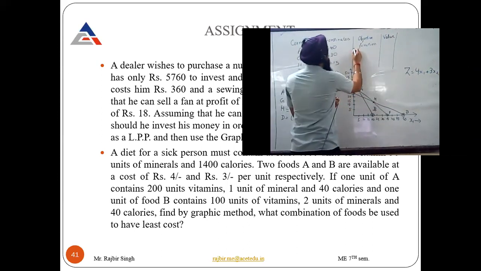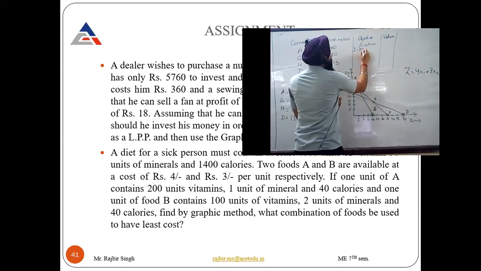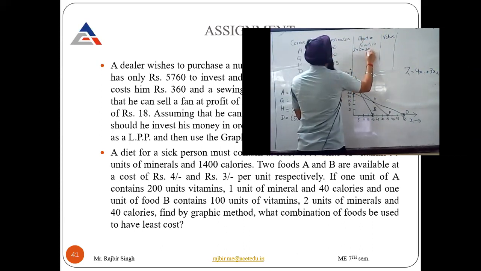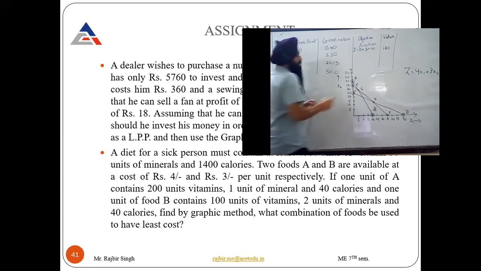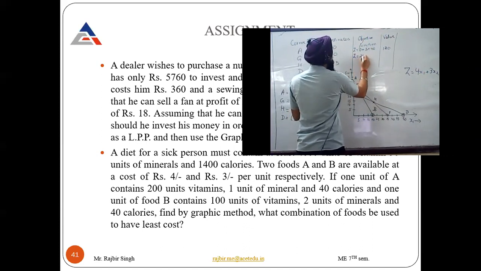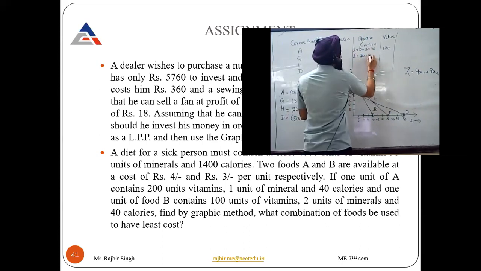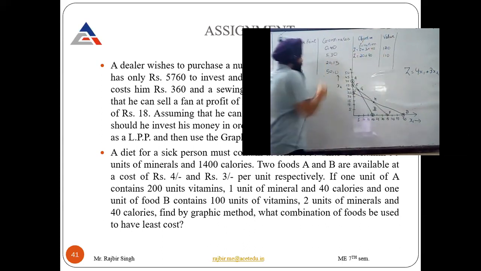The first value will be Z is equal to 4 into 0 plus 3 into 40, so the value will be 120. Similarly, the second value will be 4 into 5, that is 20, plus 3 into 30, that is 90. The total value will be 110.